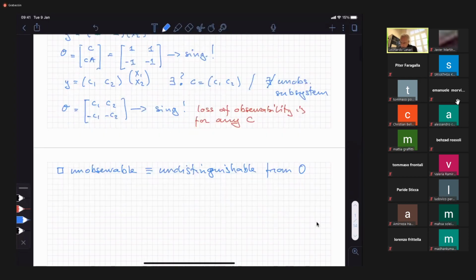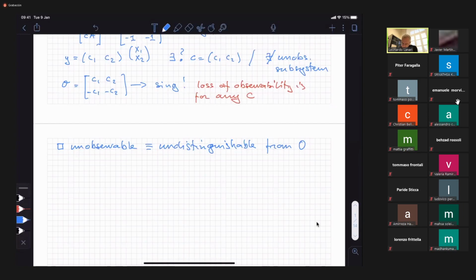What do I mean by this? Let's imagine we have an initial state, xA, and zero as initial state.